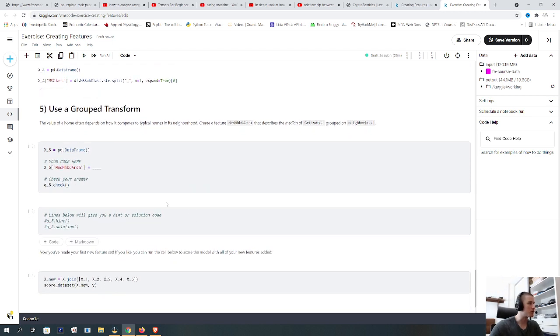Use a group transform. The value of a home often depends on how it compares to typical homes in its neighborhood. Create a feature that describes the median grouped on neighborhood, that describes the median of ground living area. Oops.